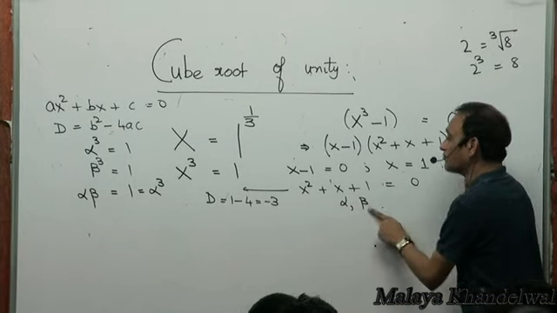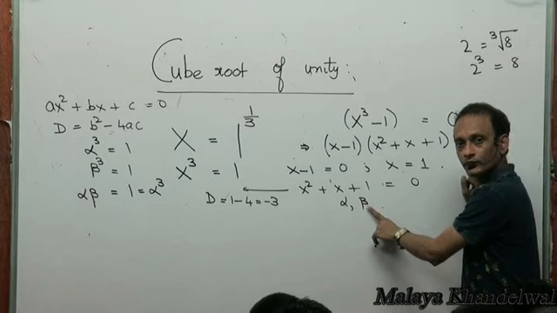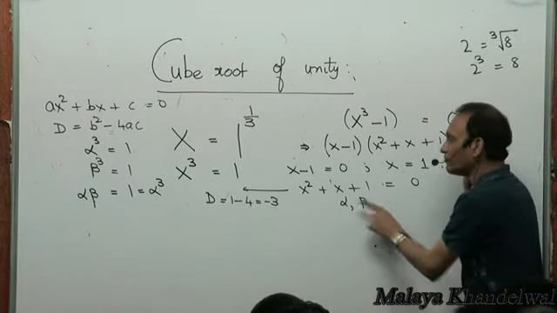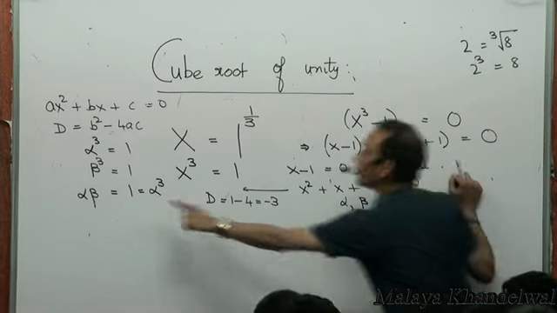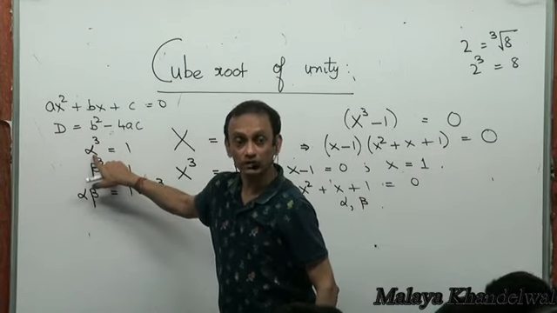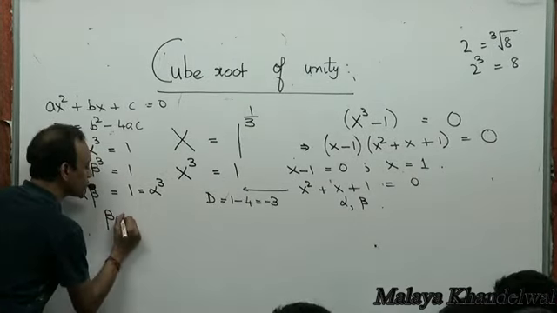Now, what is alpha into beta? c by a, the product of the roots of a quadratic. All of you know that, right? So alpha into beta is 1. But 1 can be written as alpha cube. So this gives me beta equal to alpha squared.